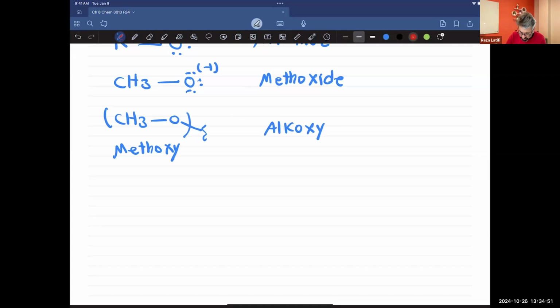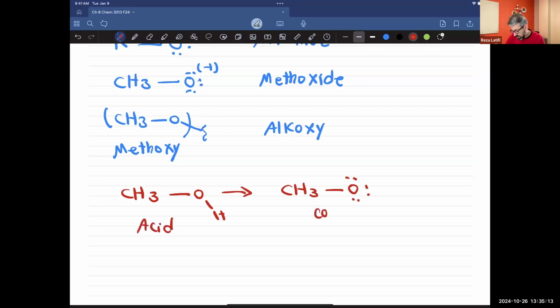Now, we said stuff like this can react, they can lose hydrogen and they will turn to such a species. This is going to be the acid, so that one will be the conjugate base. The conjugate base has negative charge.